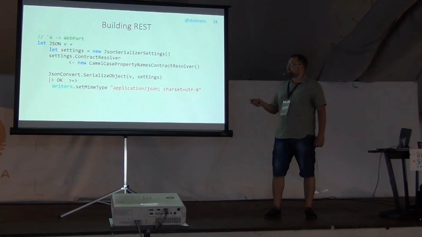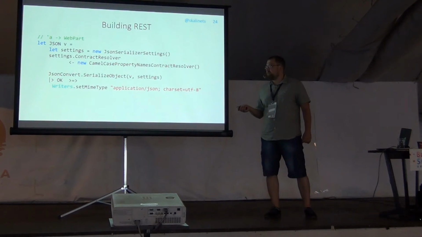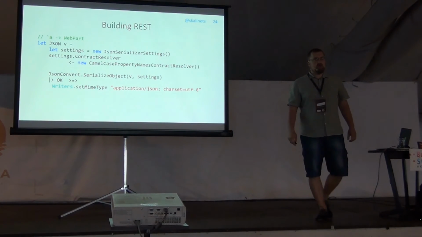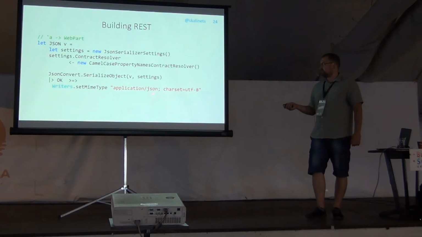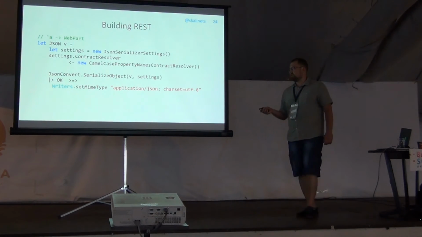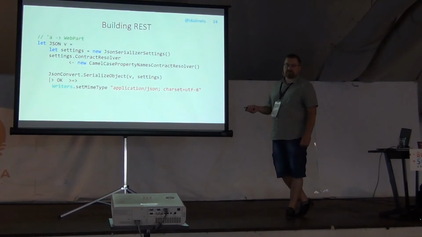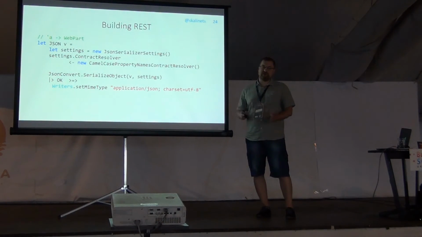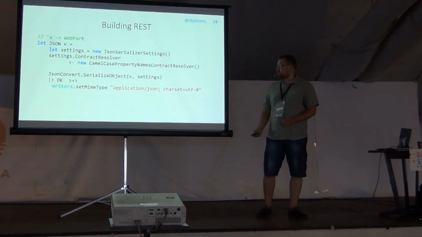So the result of this JSON method will be OK with serialized V object, and also we are setting the mime type to application/json using this another web part, as you may guess. So Writers.setMimeType is a web part that modifies the mime type header.